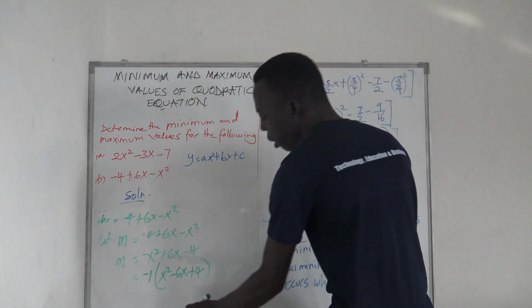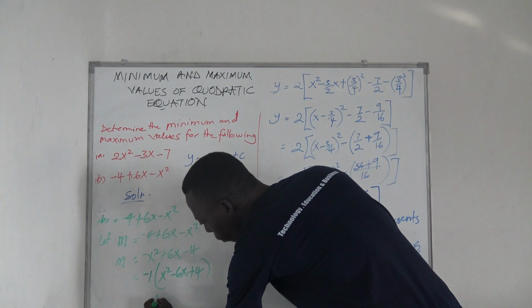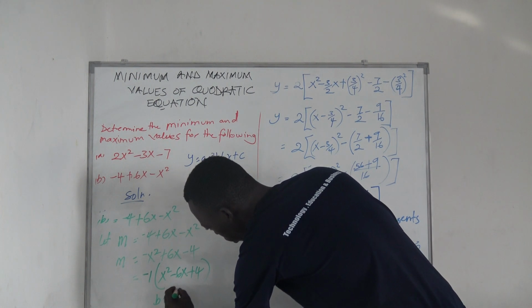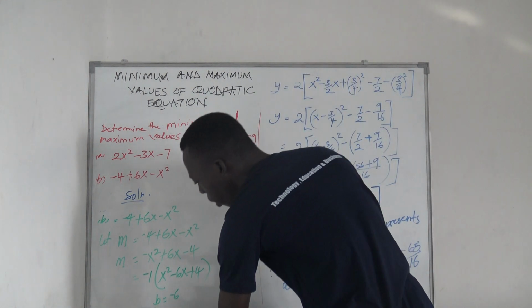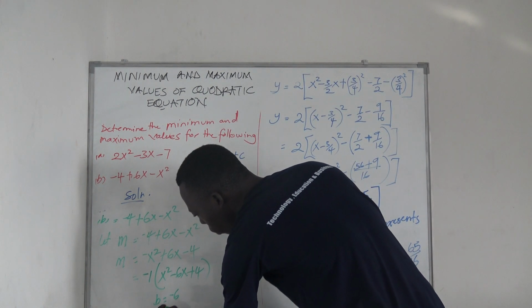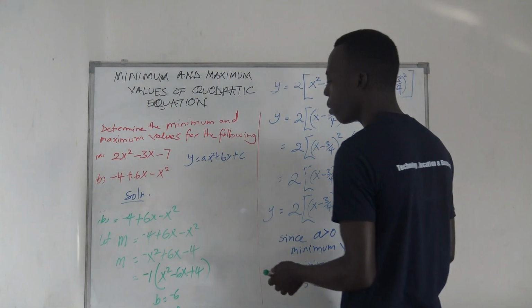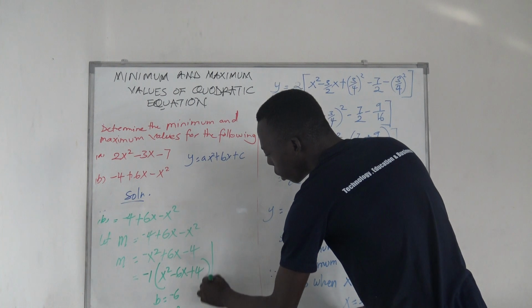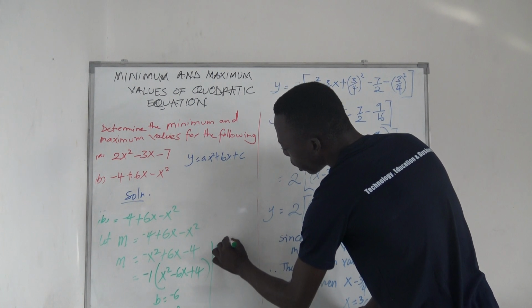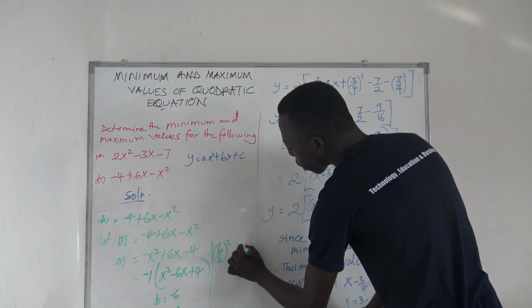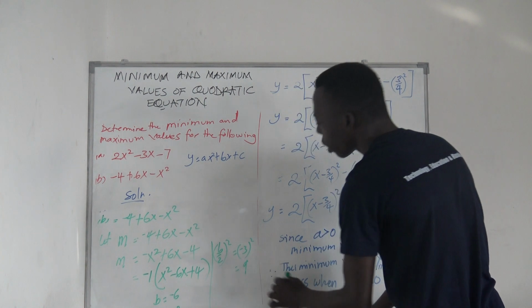So b, according to here, is negative 6. We said we divide it by 2, so you have a negative 3. After dividing by 2, I have to square it. So it becomes negative 3, the whole thing squared, which will give us a 9.